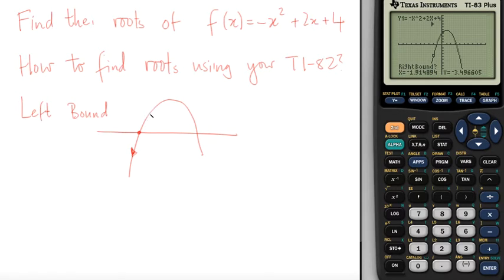I want to be somewhere to the right of that point. And it puts in a little arrow. So I use the right key to go to the right of that point, press enter, and then I want to have a guess, and any point in between those two bounds is okay. So you have to answer 3 questions: left bound, right bound, and then guess.